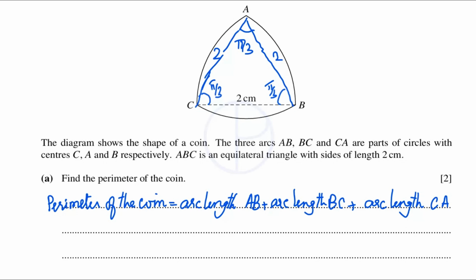So the perimeter of the coin is equal to arc length AB plus arc length BC plus arc length CA. So what is the arc length AB? The formula is r theta. So here the r value is 2 and the angle theta is pi over 3.